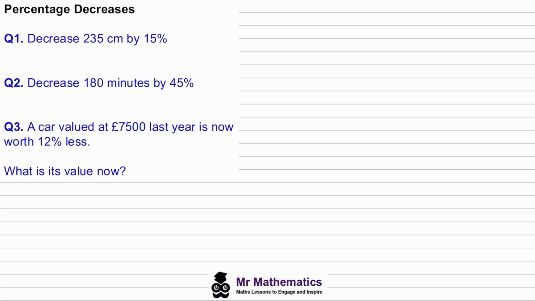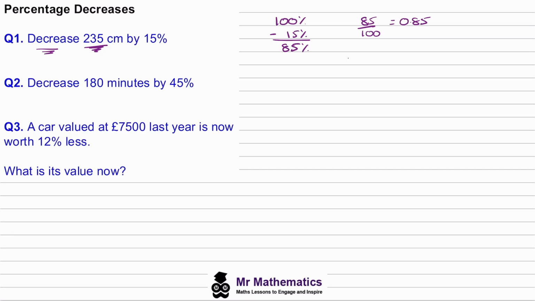So now we're asked to decrease 235 centimeters by 15%. And again, this original amount is worth 100%. And because we're decreasing this time, we're taking away the 15%. And this will give us 85%. We'll convert this to a multiplier, and this will give us 0.85.